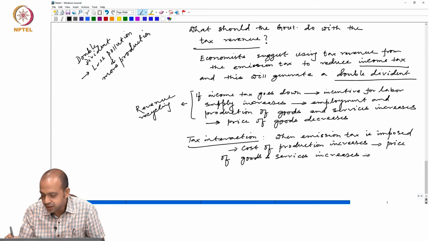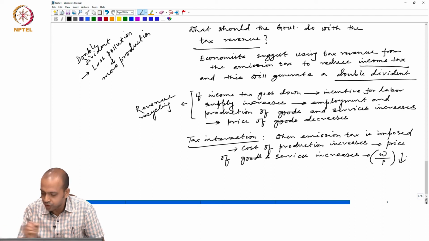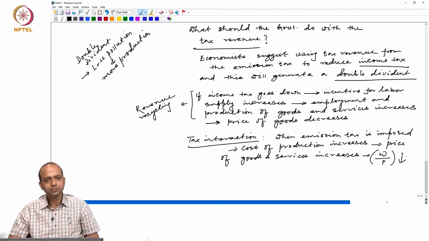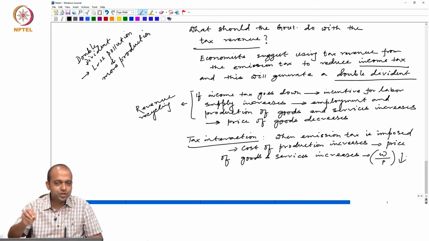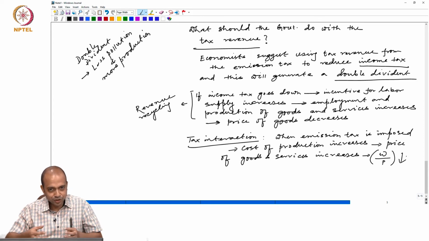And when price increases, what will happen to relative wage? That will go down. Okay. So, initially when the tax was imposed and that tax revenue was used to reduce the income tax rate, we said that that is very good for the laborer because I am earning more by supplying more labor.